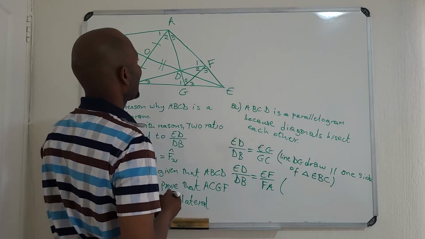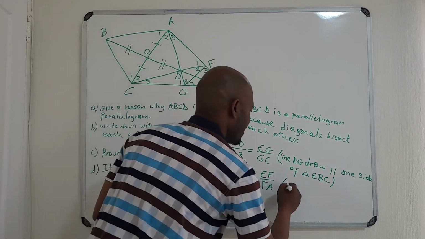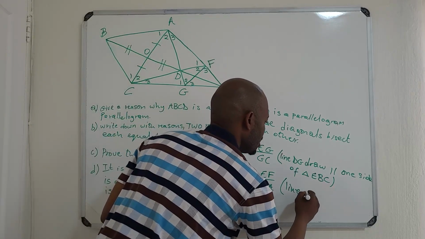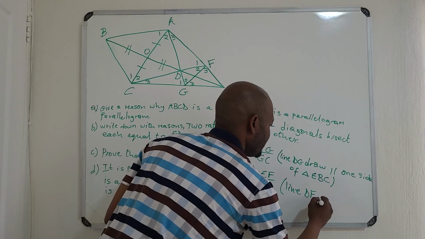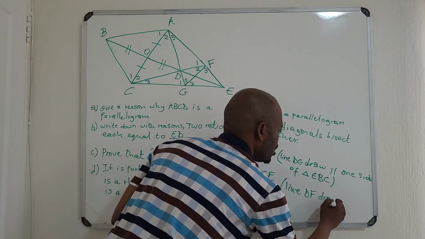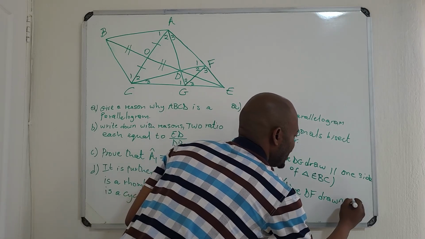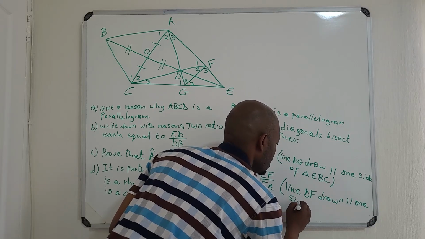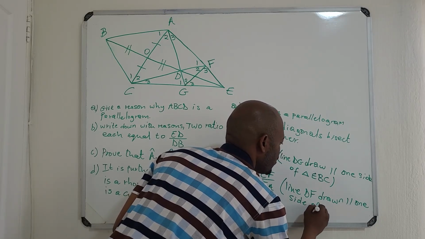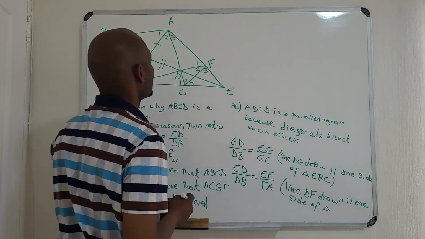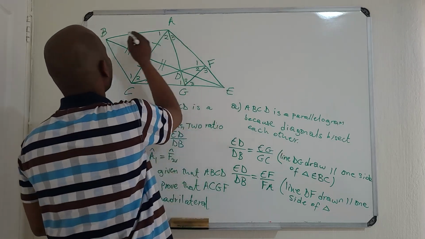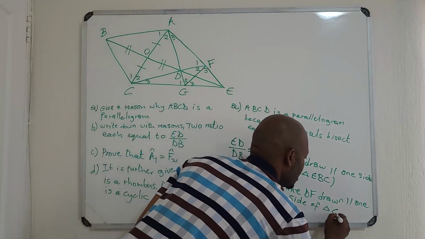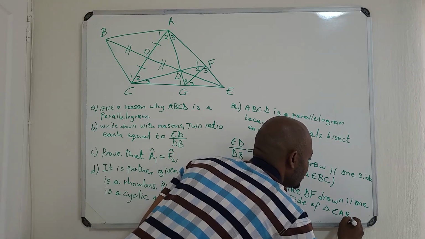Even here, line DF is drawn parallel to one side of triangle EAB.